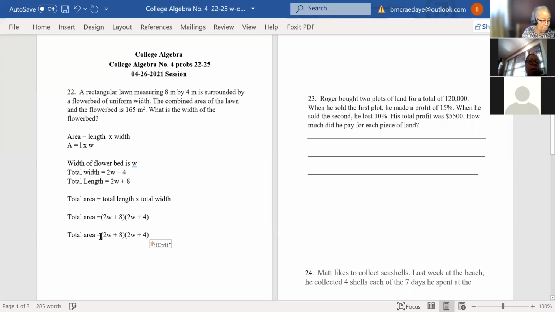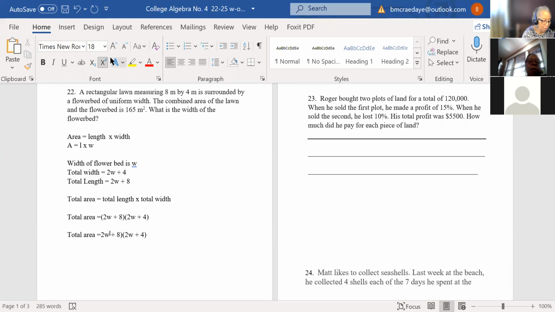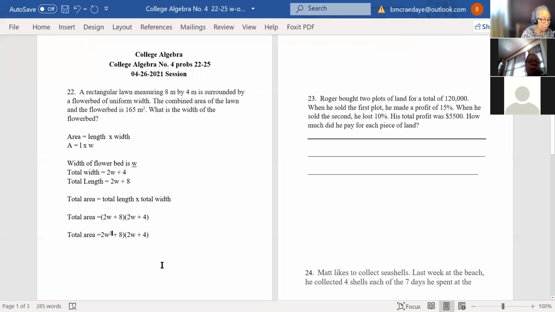Total area is going to be 2W square. Two W times 2W is 4W square. What's 2W times 4? 8W. Okay. So this will be 8W.